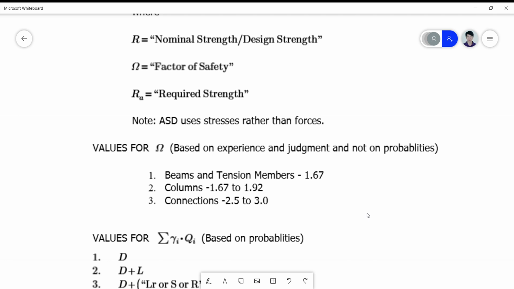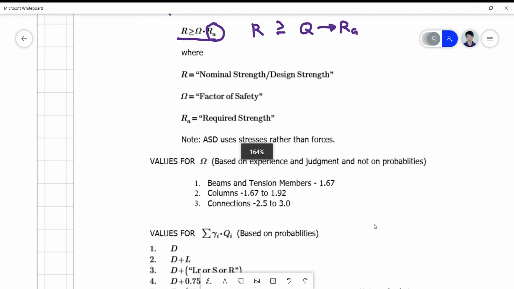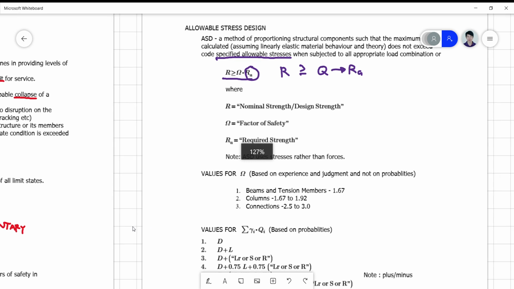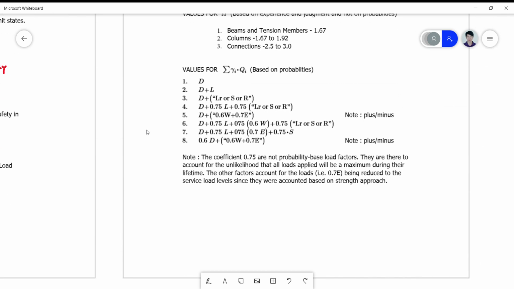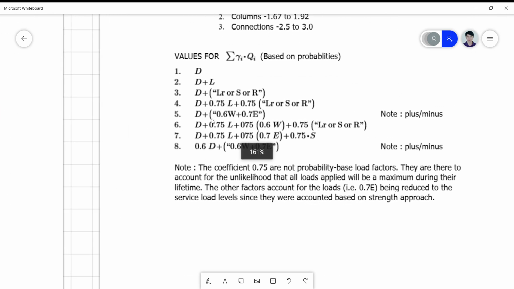So for the values of the factor of safety based on probabilities, we will be discussing this later on, and I'd like to show you that the measurement of such factors of safety for the LRFD procedure, which is based on probability, is quite confusing.